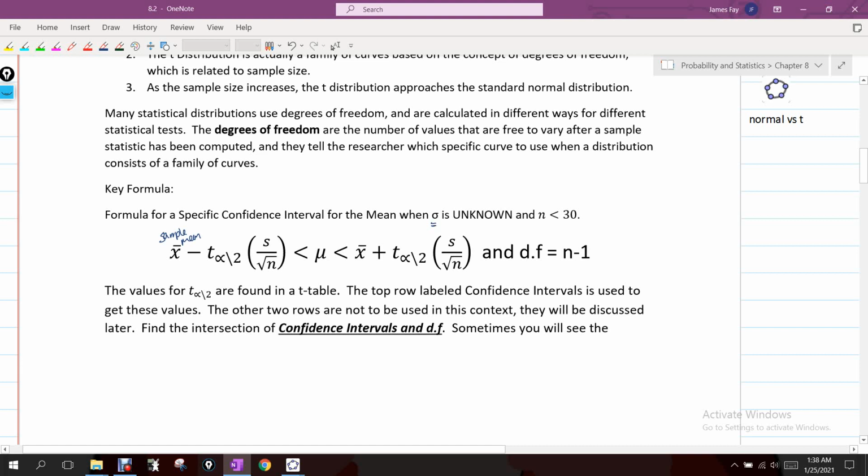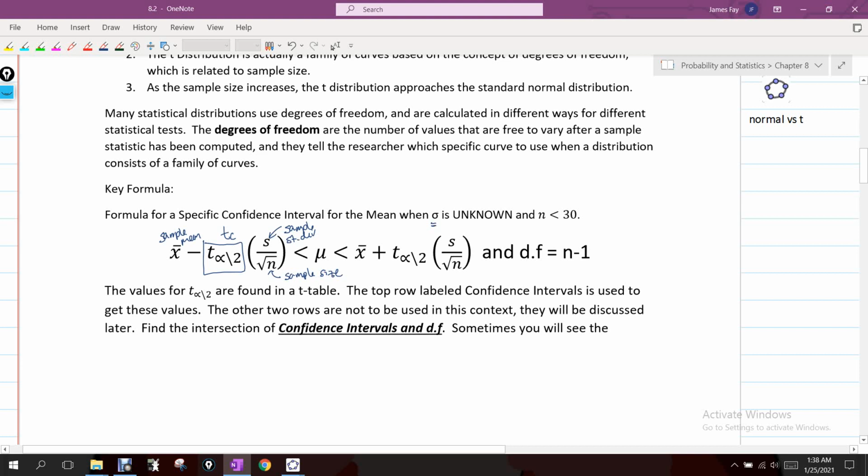Sometimes, and you see it in my explanation here, you'll see that as t sub c, where c is your confidence level of 95, 99, whatever. s is going to be your sample standard deviation. n is your sample size. This t value is going to be found from a chart.